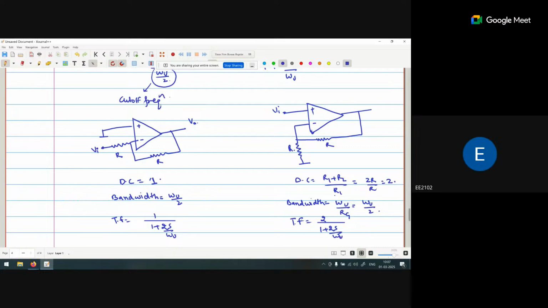This is the difference when we connect the input voltage to the inverting and non-inverting terminals.